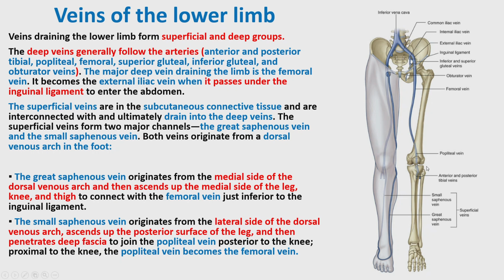The popliteal vein then passes through the adductor hiatus of the adductor magnus and continues as the femoral vein.